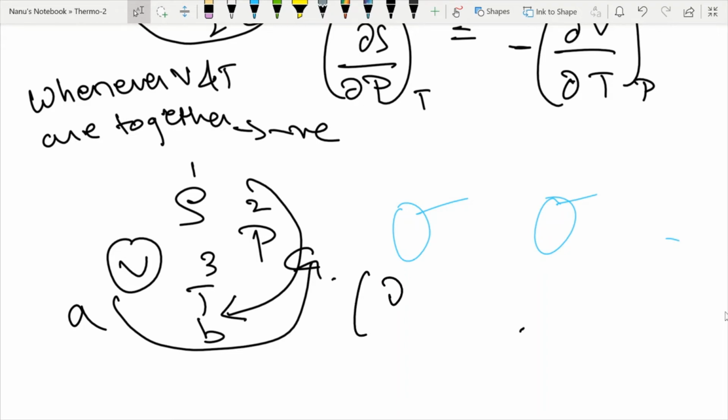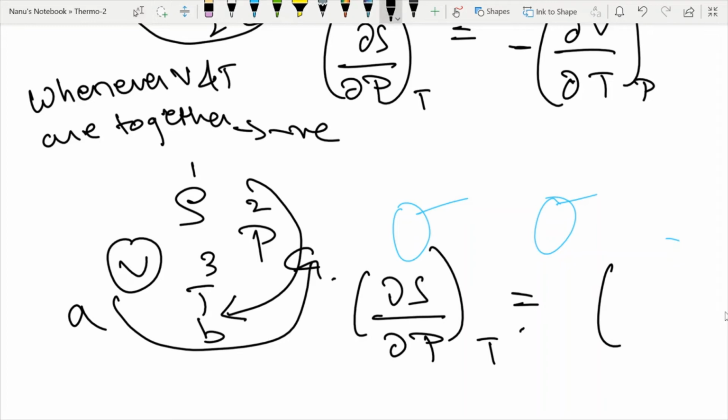The first parameter will be on the top, the second parameter will be on the bottom, third parameter the constant, equals to the opposite direction, that is circling, first parameter on top, second parameter on the bottom, third parameter will be the constant, and there will be a negative sign, right?